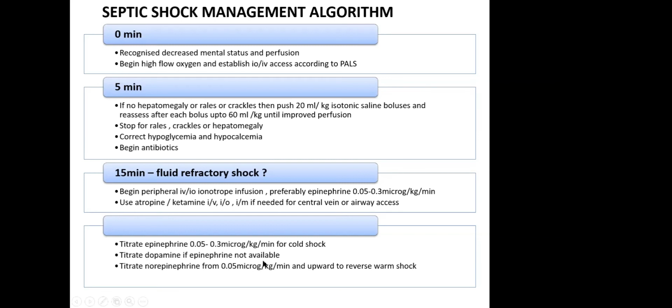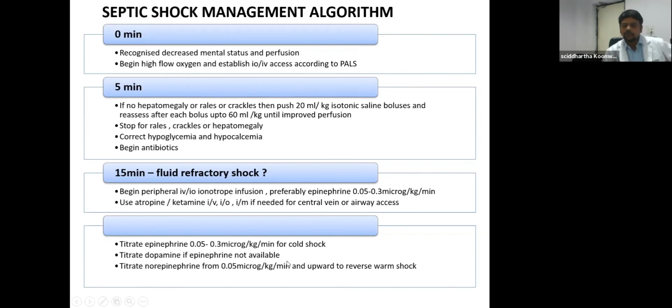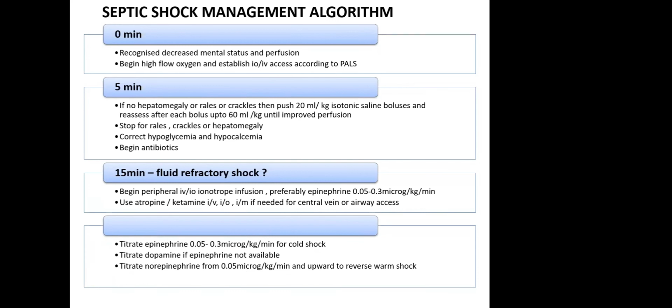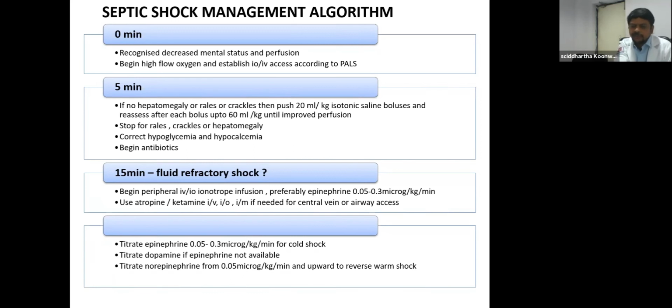If epinephrine is not available, then we could use dopamine. If the patient is having features of warm shock, that is, wide pulse pressure with peripheral pulses, then we should use norepinephrine instead of epinephrine.